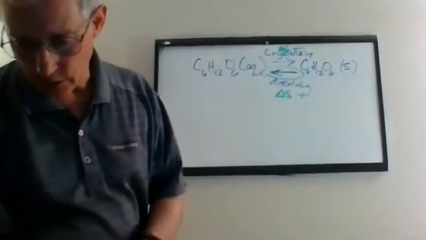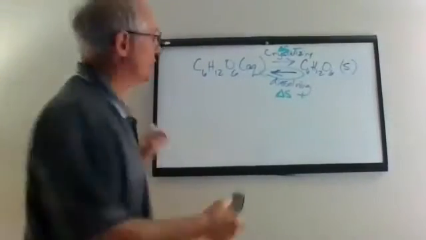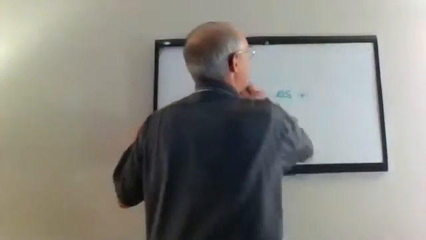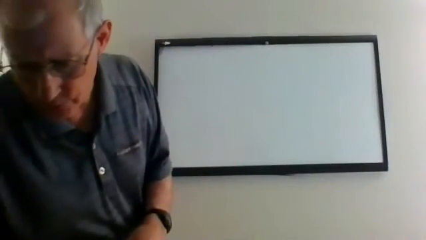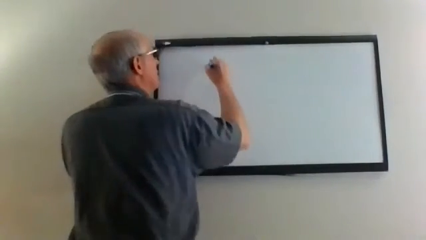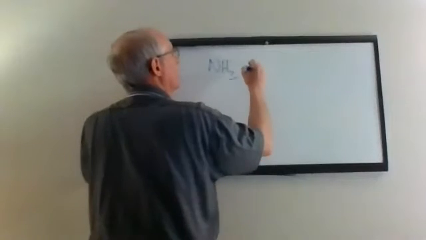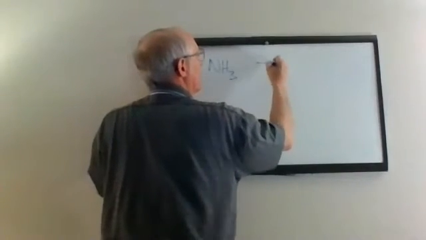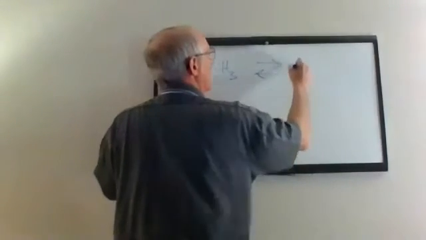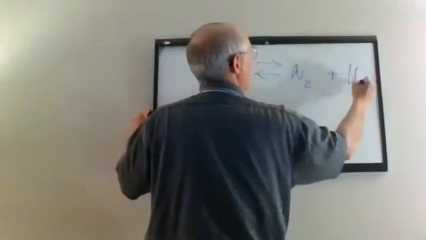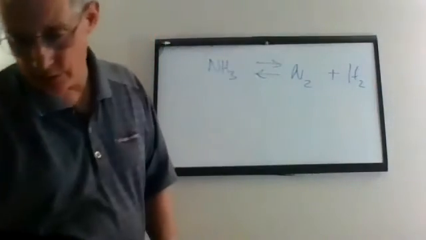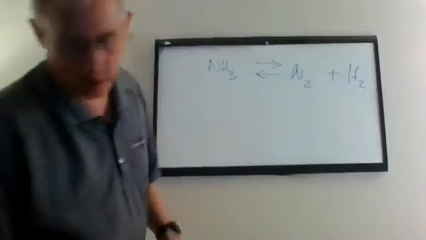Now let's take ammonia, NH3, and turn it into its constituent elements, nitrogen and hydrogen. So the ammonia, all three are gases.